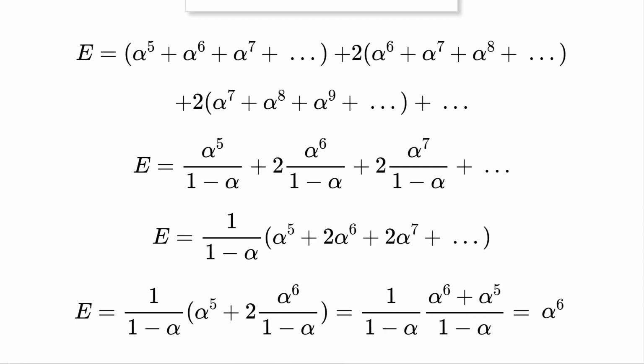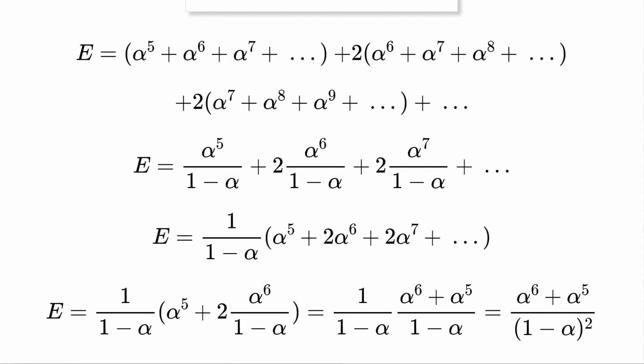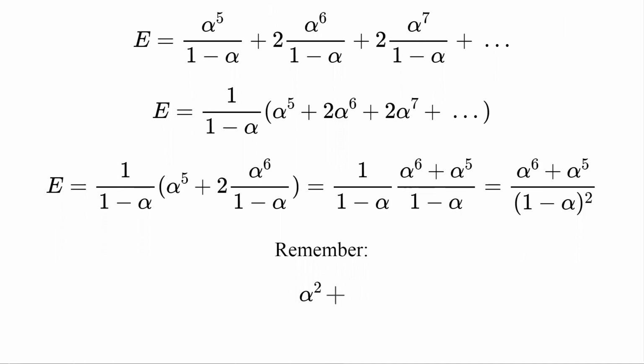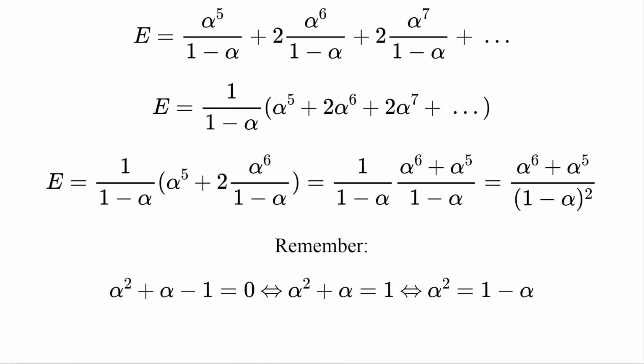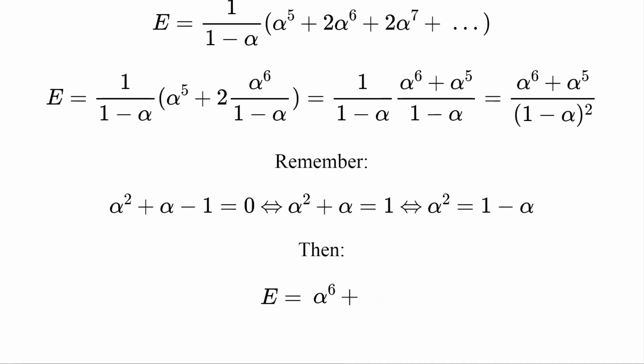Okay, let's calculate it, but no need to take into account the value of alpha. Another surprise, we can do it only using the equation it satisfies. Remember this one. So we can say 1 minus alpha is alpha squared. Okay. So we can substitute the denominator.